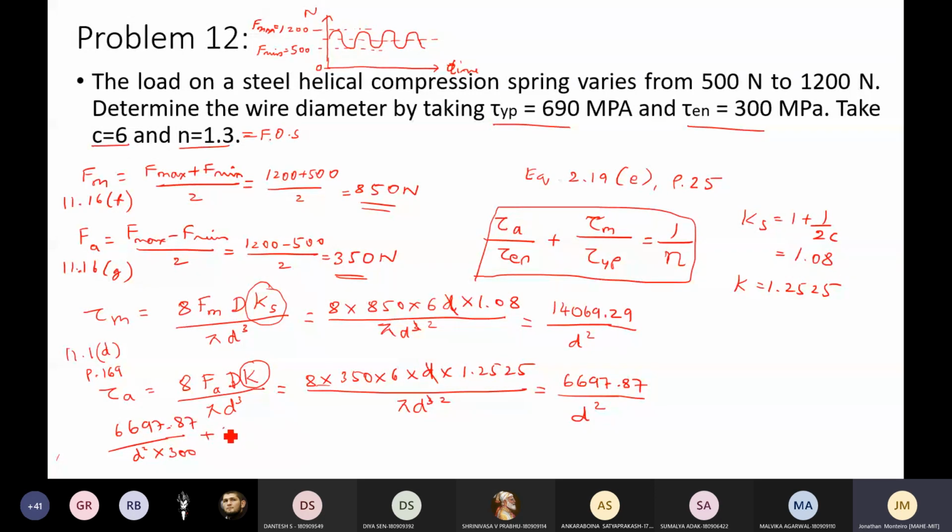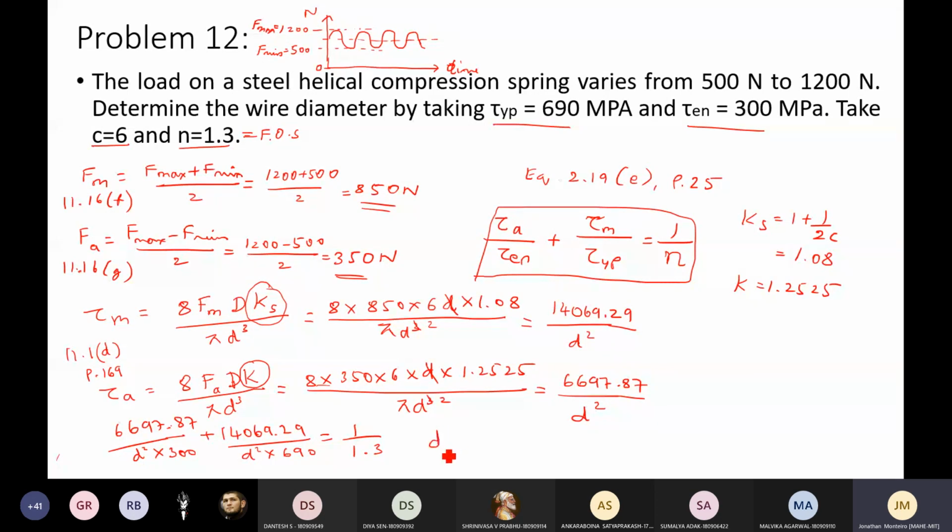Tau m comes later, which is 14069.29 by d square into 1.3.